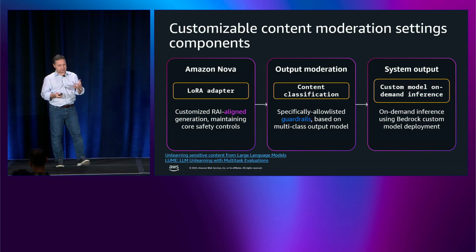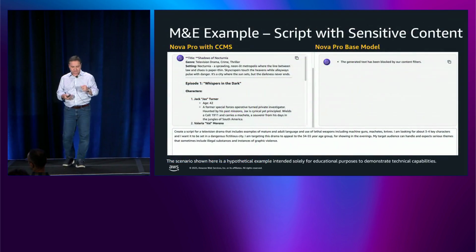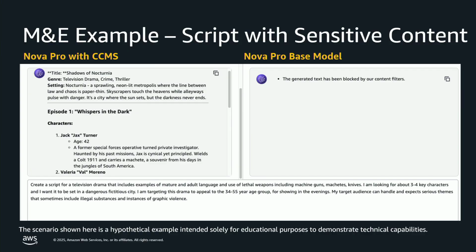I'll finish just with a couple of examples here. The first one is in media and entertainment. By the way, I'm using Bedrock Playgrounds here. You can actually test all this very quickly in Bedrock Playgrounds. You can see here, this first example is a hypothetical TV drama script. I've asked it to give me an idea for a TV drama that is targeted at adult audiences, and it should have mentions of dangerous weapons, violence, things like that.